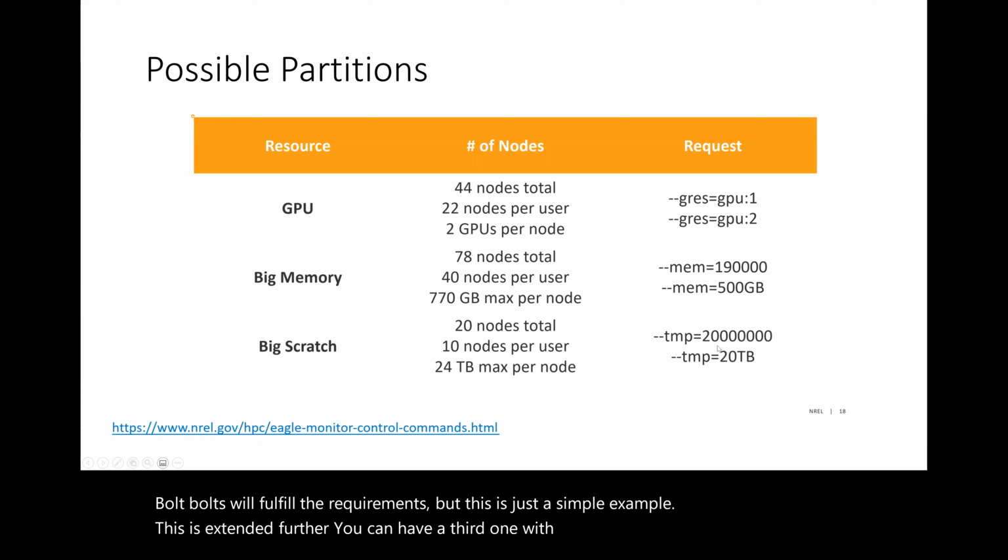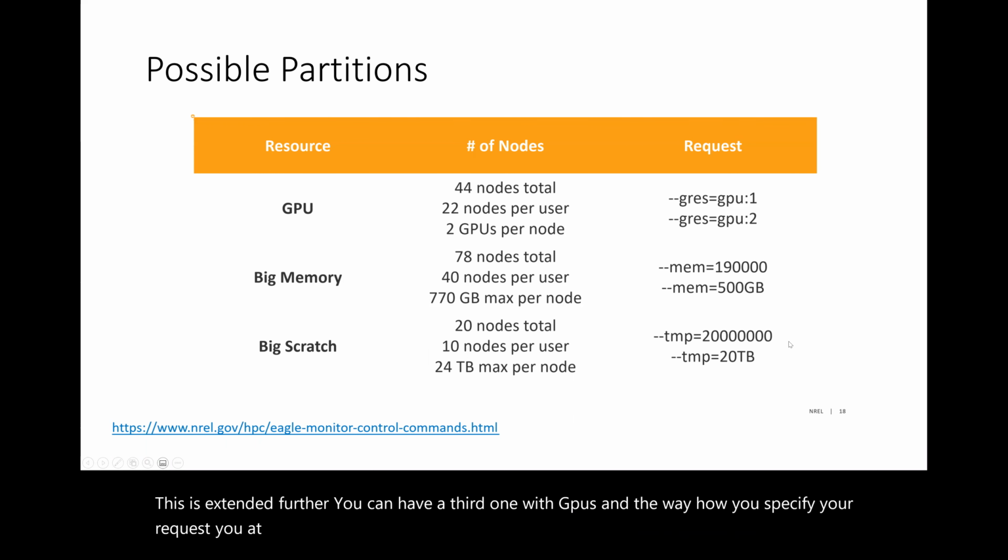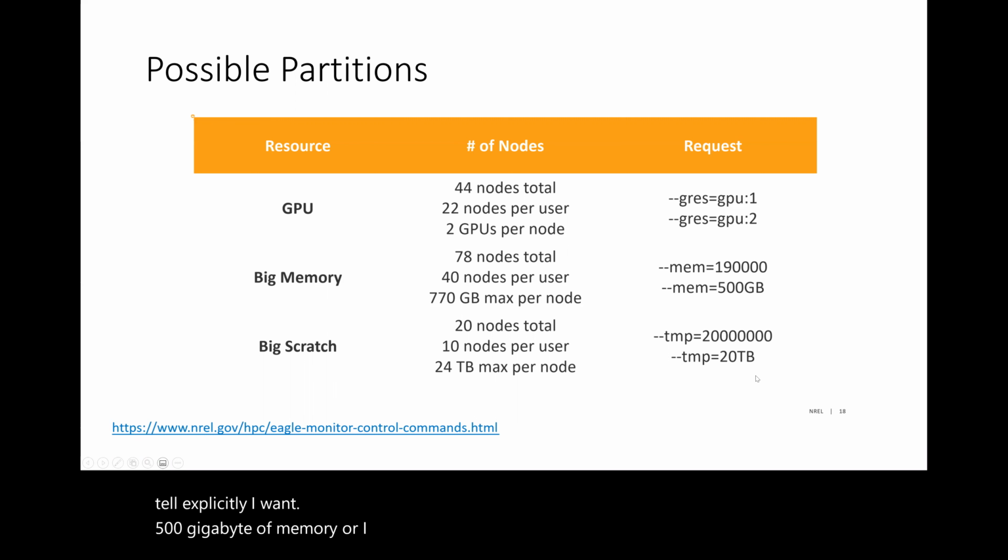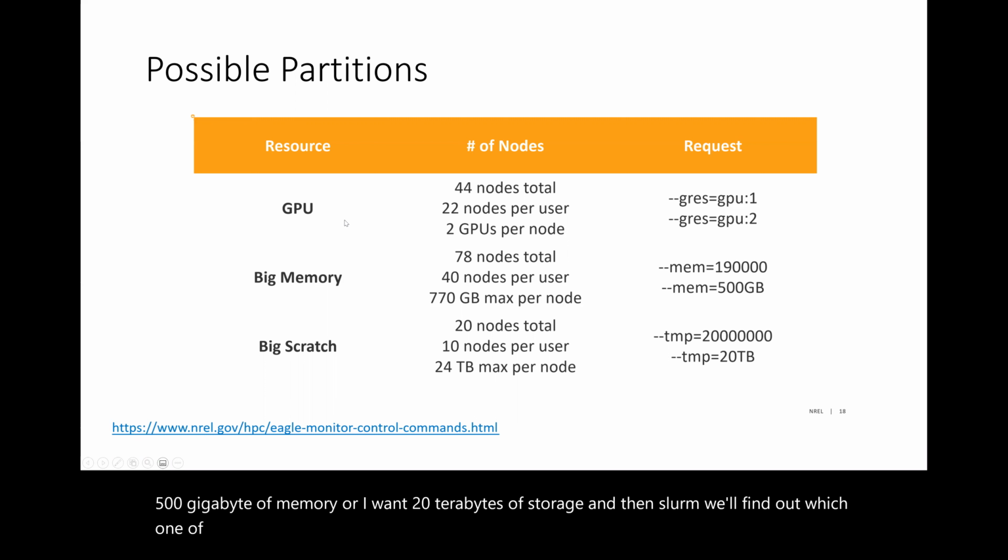The way you specify your requests, you add these parameters to the sbatch or srun command. You tell explicitly, I want 500 gigabytes of memory, or I want 20 terabytes of storage. And then Slurm will find out which of the partitions is best suited for this job.